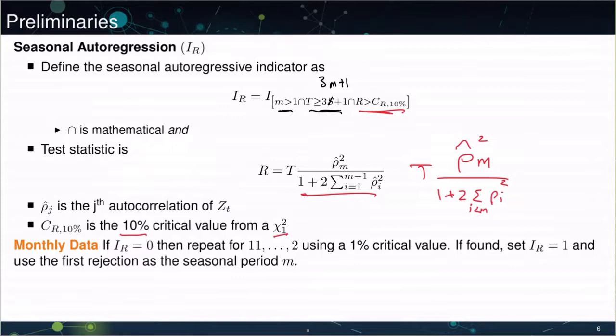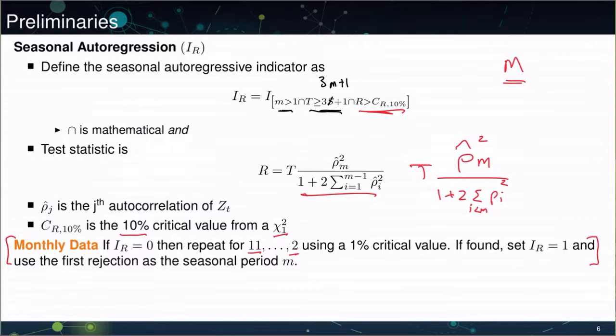One thing the authors did, which for the assignment will be strictly optional, is they extended this in monthly data in particular. If they don't find the seasonality at the mth lag, for example, 12 for monthly data, they also considered possibly shorter seasonalities, so 11 all the way down to 2, using a 1% critical value. That is, they got very skeptical that there may be seasonality, but they repeated the procedure.